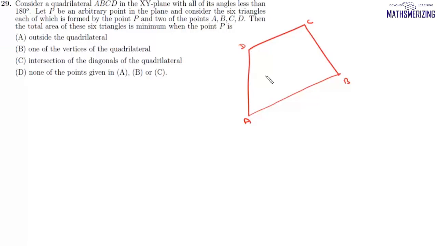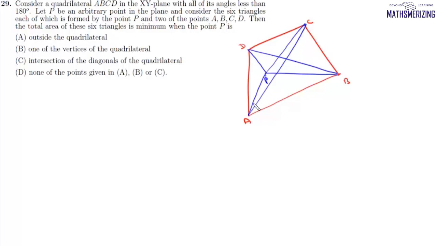So let there be this point P, and consider the 6 triangles, each of which is formed by this point P and 2 of the points A, B, C, D. So we have 6 triangles. So this is one triangle. This is another triangle. So we have 4 triangles, and then we have these 2 additional triangles with the diagonals. Now it says the total area of these 6 triangles is minimum when this point P is.